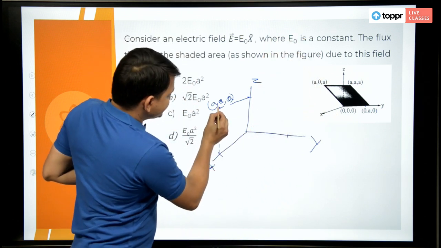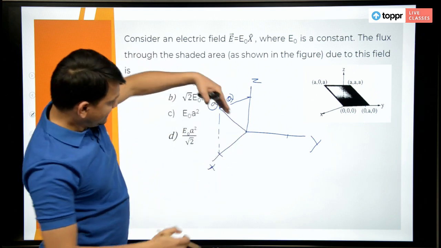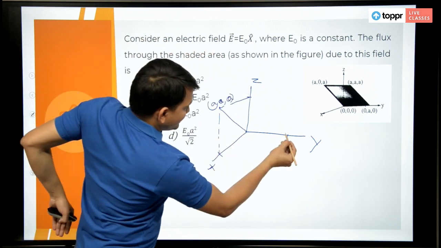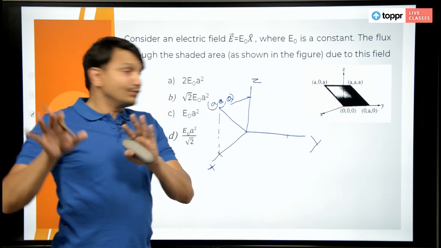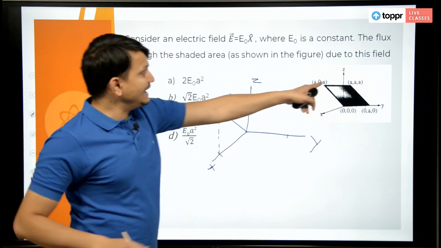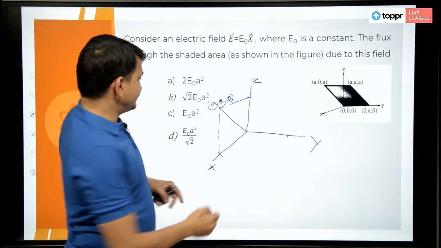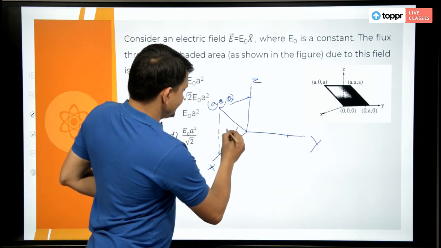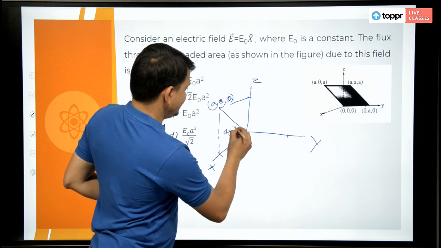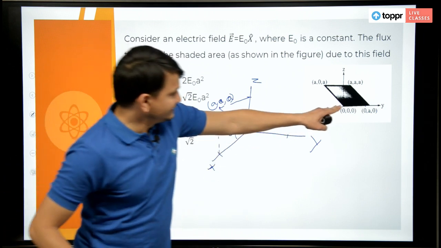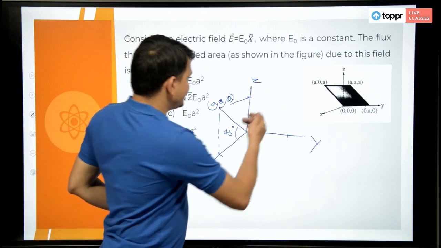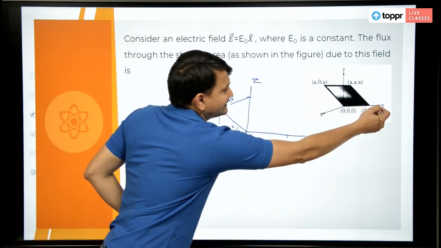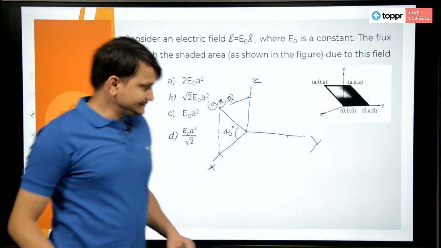So it would be something like this, and it is inclined to both the axes equally, A and A. So you can say that it is making 45 degrees with the xy plane, xy plane being the base, or in the same way you can say that it is making 45 degrees with the zy plane or yz plane.